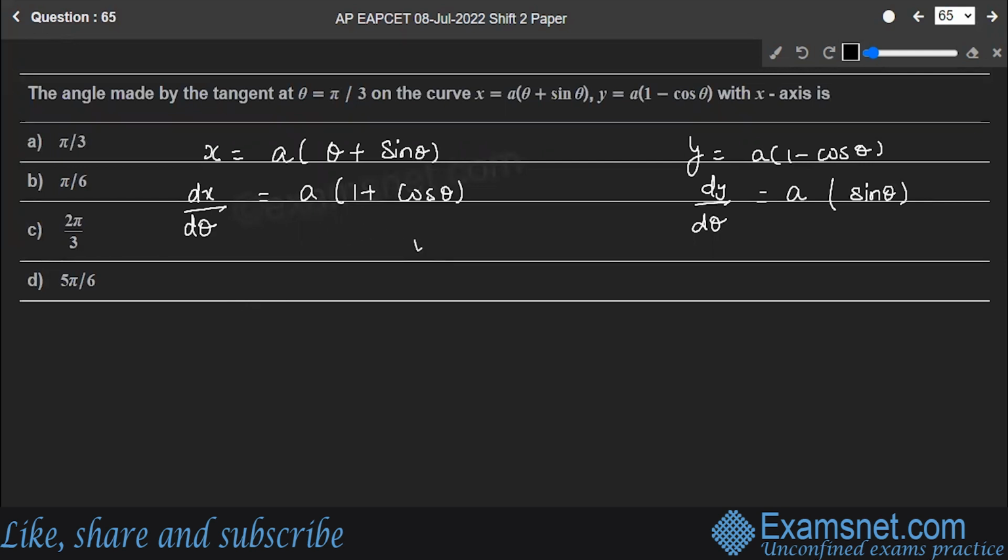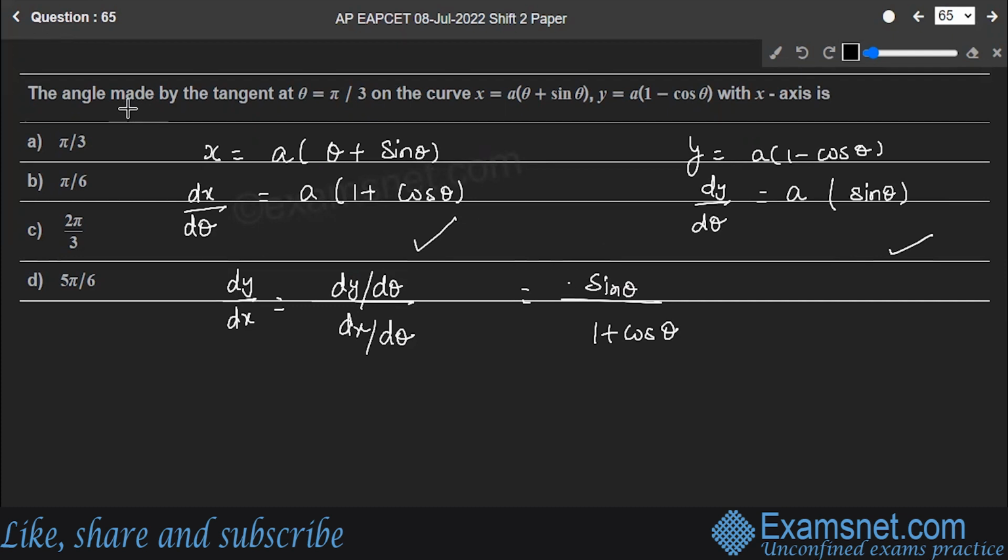I have dx by d theta and dy by d theta. You have to find dy by dx. This will be given by dy by d theta upon dx by d theta. a and a will cancel. So sine theta upon 1 plus cos theta.